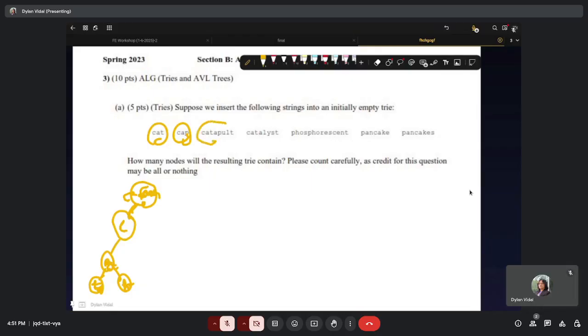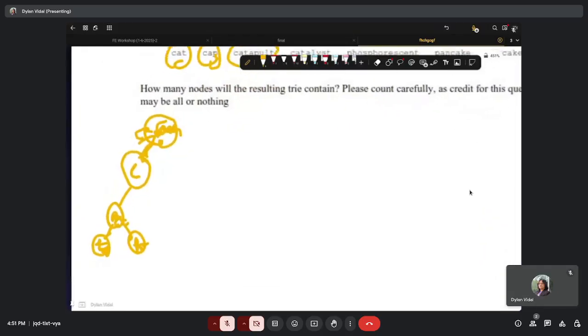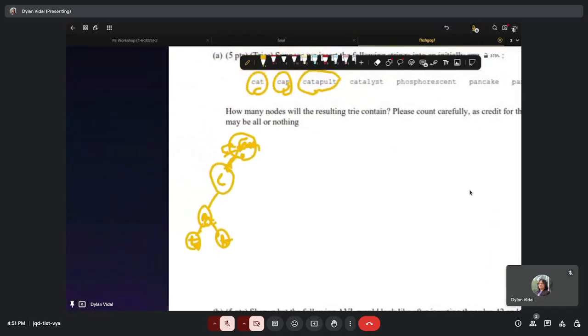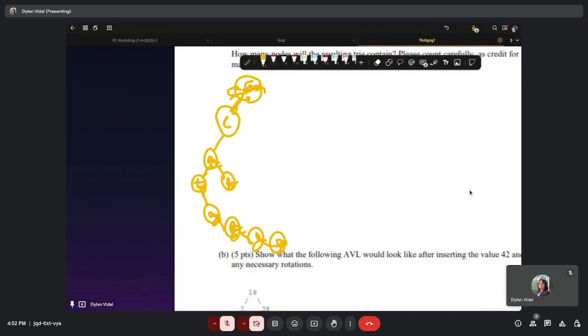So then we want to add the word catapult. So we go to C, to A, to T. Then we have to add more from T. So A, P, U, L, T. C-A-T-A-P-U-L-T.